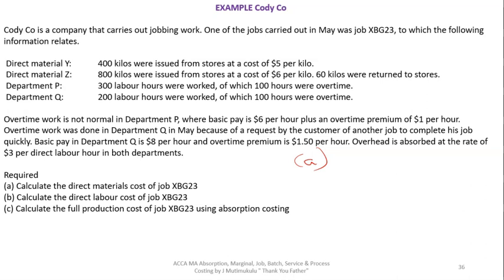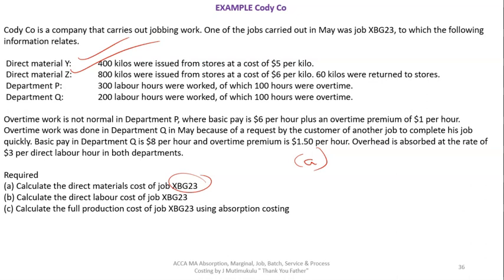We start with the direct materials, labor, as we go on. Let us start with the direct material component, because we are required only to calculate direct materials for this particular job. We've got direct material Y and direct material Z.